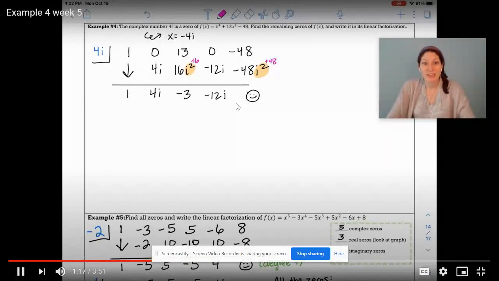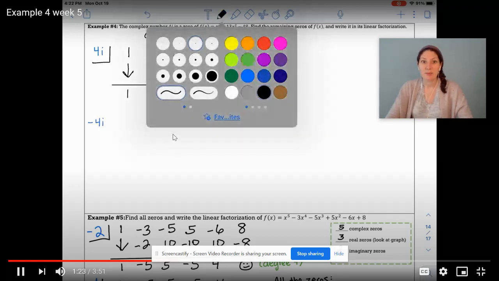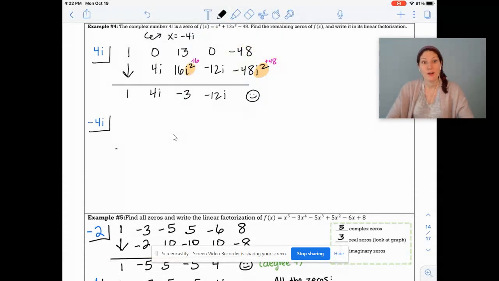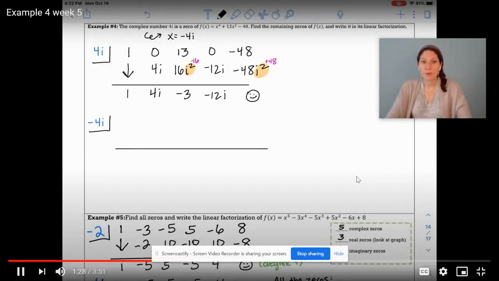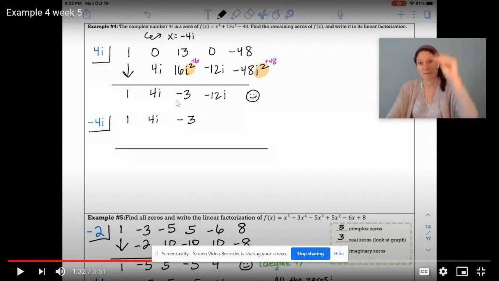This is a degree 3, so if I go through synthetic one more time with that other 0, I'll be able to have a quadratic that I can solve. Now, really important, when you're going through synthetic multiple rounds, always make sure you use your depressed polynomial from the last round, because you want to keep breaking it down. So I'm using these coefficients as that top row.